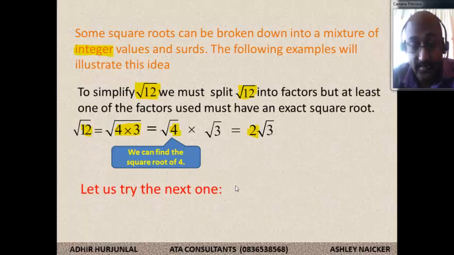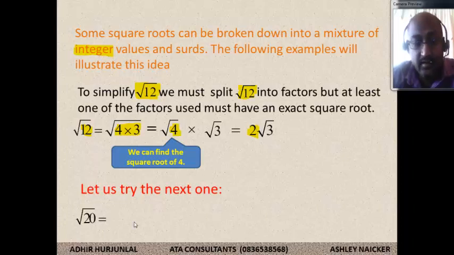Trying another example. What about the square root of 20? The square root of 20, if I have to simplify, needs to be broken down into the factors of 20, where one of those factors I must be able to find the square root of. 20 is 20 multiplied by 1.